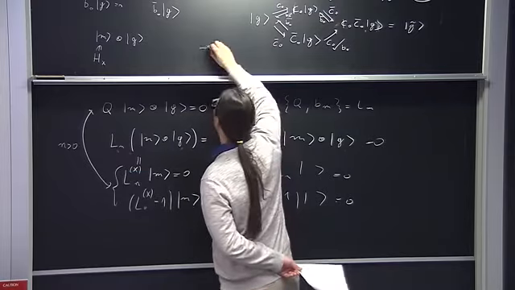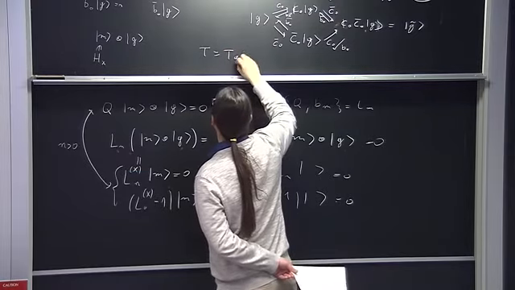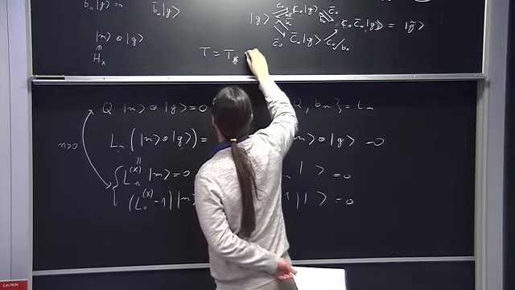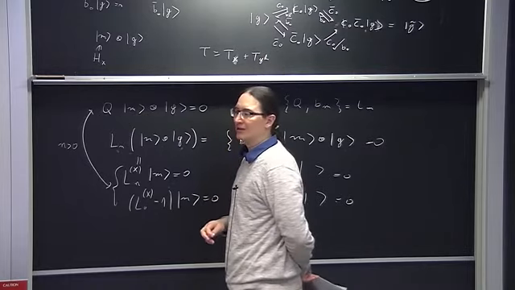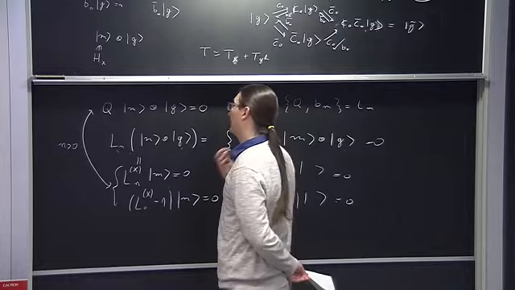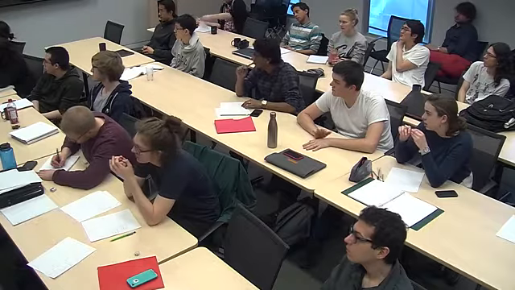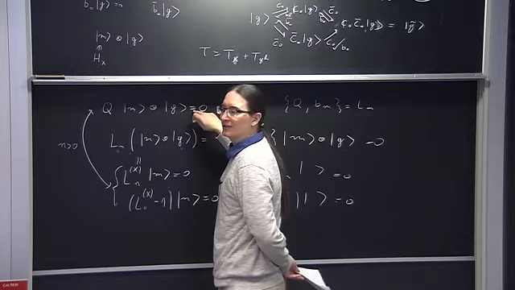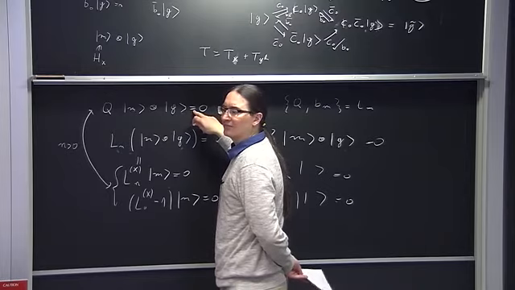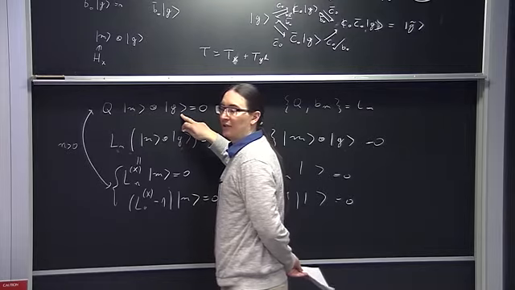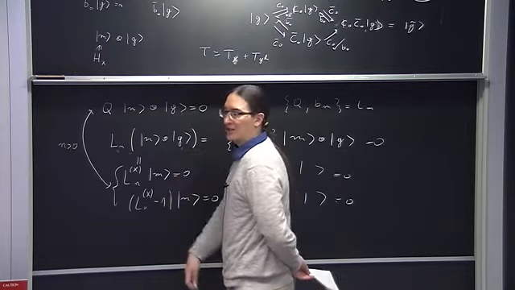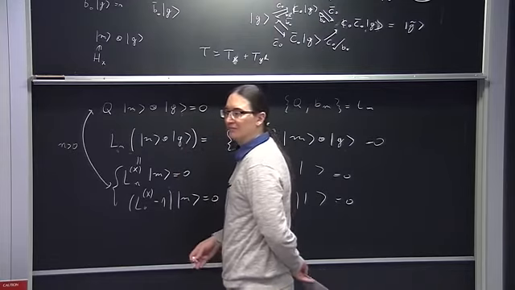So the total stress tensor is the stress tensor for the x's plus the stress tensor for the ghosts. And they act respectively on each Hilbert space, on each Fock space. So is it true that the L of the ghosts annihilates G? G was our ground state. So if you try to push the energy lower, there is nothing.